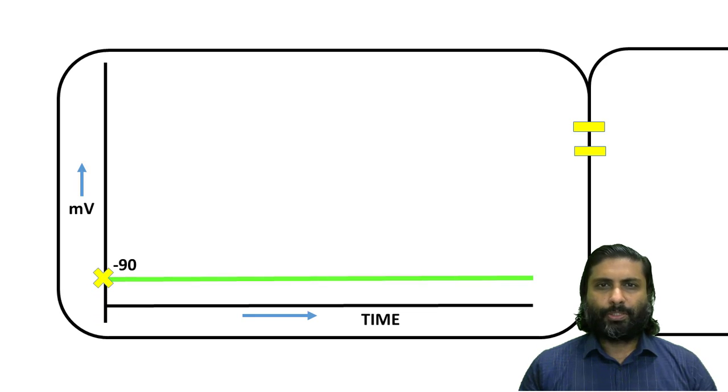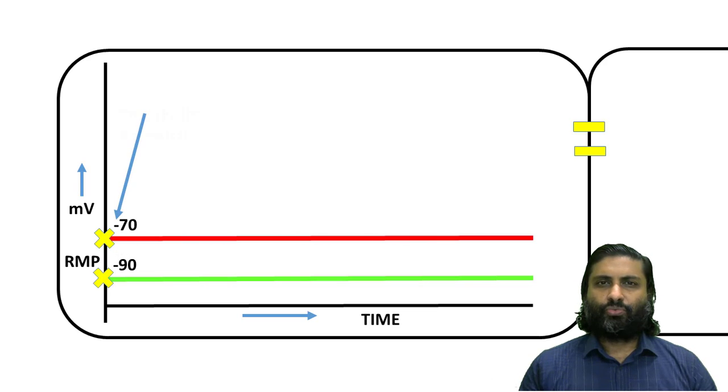resting membrane potential. Any event that loads this particular ventricular myocyte with positive ions would make the voltage of this cell less negative. A voltage around minus 70 millivolts is considered significant and is called a threshold potential. And we shall see why this is so in the next few minutes.